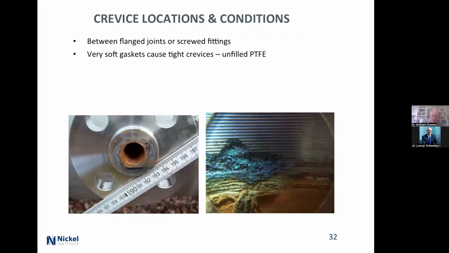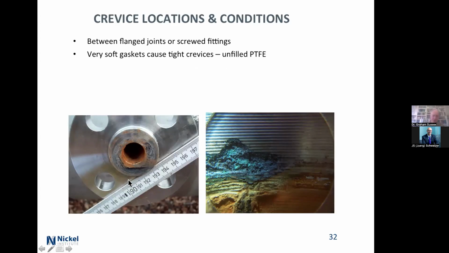Both of these are examples of using unfilled PTFE, polytetrafluoroethylene, or Teflon if you want a brand name. Very soft, compresses down so you get an extraordinarily tight crevice. Both of these, super duplex, sitting in seawater. The one on the right was there for about 3 months. The one on the left was there for about a year.